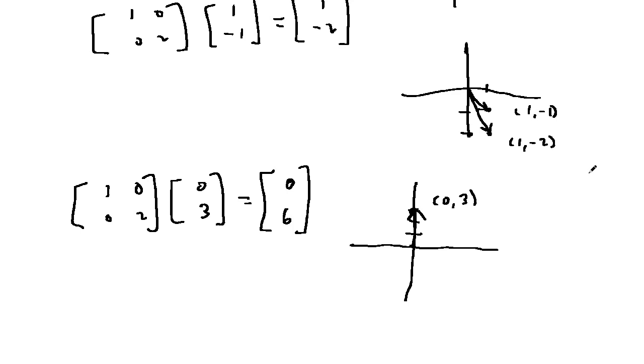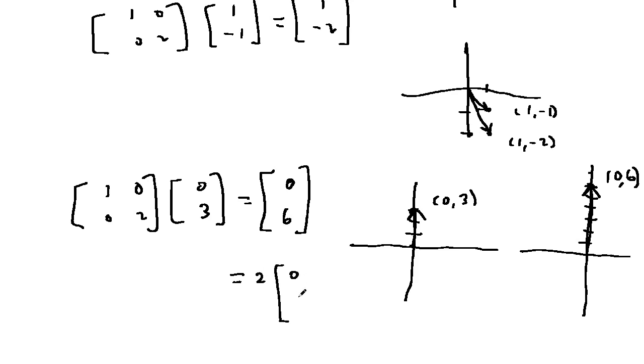And it gets sent to 0, 6. Okay, notice that 0, 6 is 2 times 0, 3. So the matrix A scales this vector by a factor of 2.